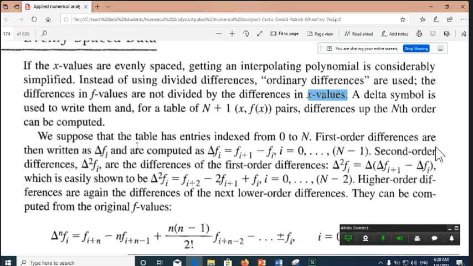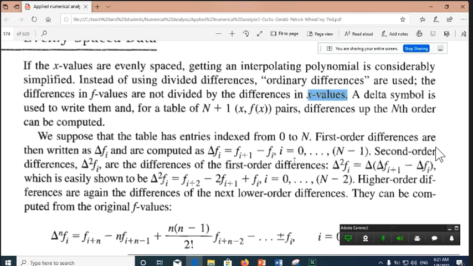For example, we suppose that the table has entries indexed from 0 to n. First order differences are then written as delta fi, this Greek symbol, that are computed as delta fi, the difference fi plus 1 minus fi.